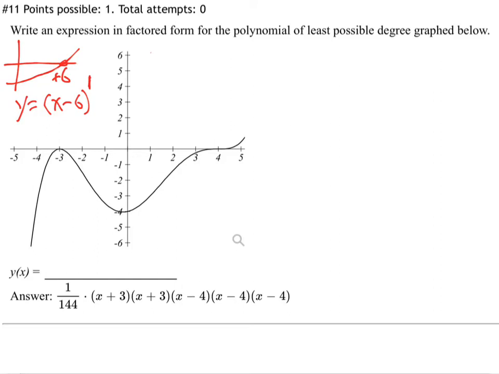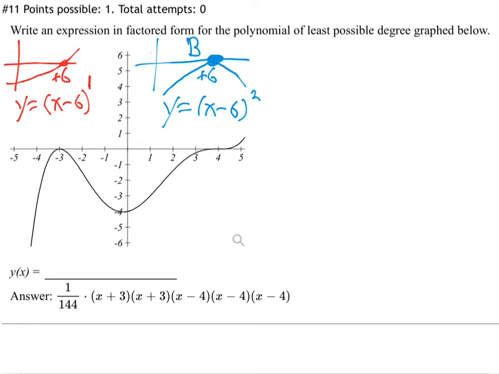So that's the first power picture. And then another thing that can happen is way over here, it can be coming up and bounce. Sometimes it'll bounce at +6. That'll be y equals x minus 6 squared.